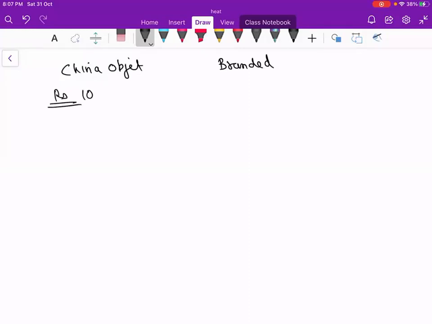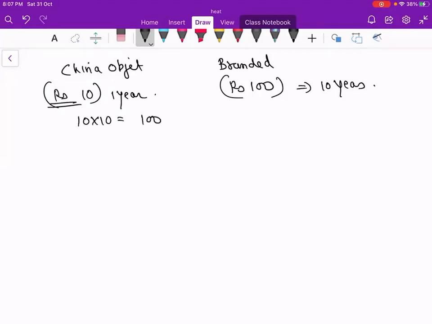Suppose this is 10 rupees, and this is 100 rupees, so the service life of this equipment is 10 years, and the service life of the other equipment is 1 year. So is it not the same thing? Here every year I will purchase 10 into 10, 100, and here 100. Is it not the same?